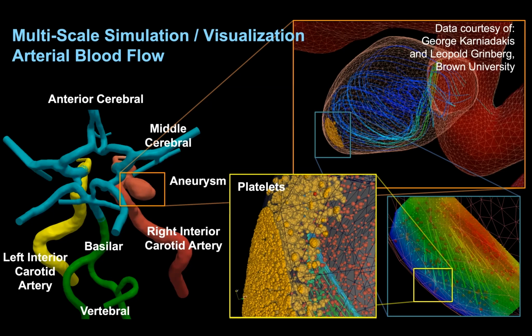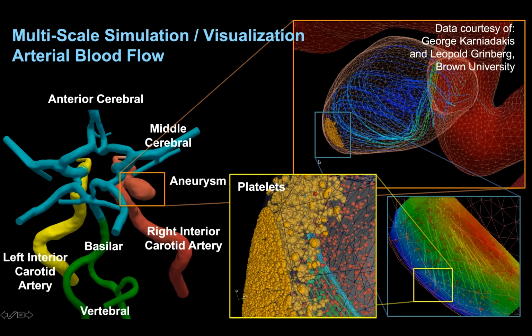The fluid dynamics code, again a few years old, ran on one rack of one of our previous machines, so on the order of 17,000 processors. And then the particle dynamics in this small subdomain at the end of the aneurysm, I'm assuming you can see my mouse, ran on 31 racks of the machine.